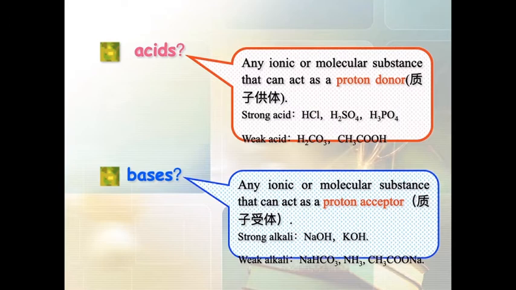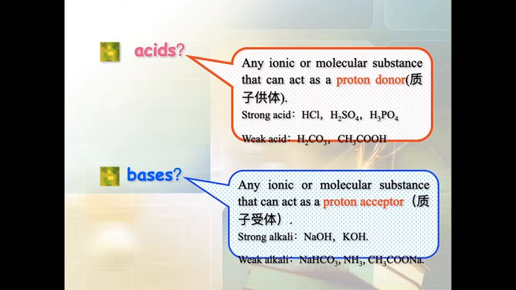Acid: any ionic or molecular substance that can act as a proton donor. A proton donor is a structure that provides protons. We call it acid. We have strong acid and weak acid.